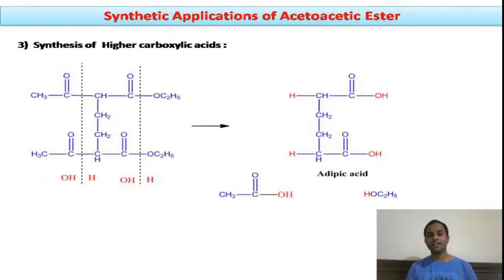This on further acid hydrolysis, in presence of concentrated alkali and concentrated acid, upon heating, both the ester groups as well as keto groups will undergo hydrolysis to give this higher dicarboxylic acid as the product. Its name is adipic acid, and here acetic acid and ethanol are the side products, right? In this way we can prepare the higher dicarboxylic acids.